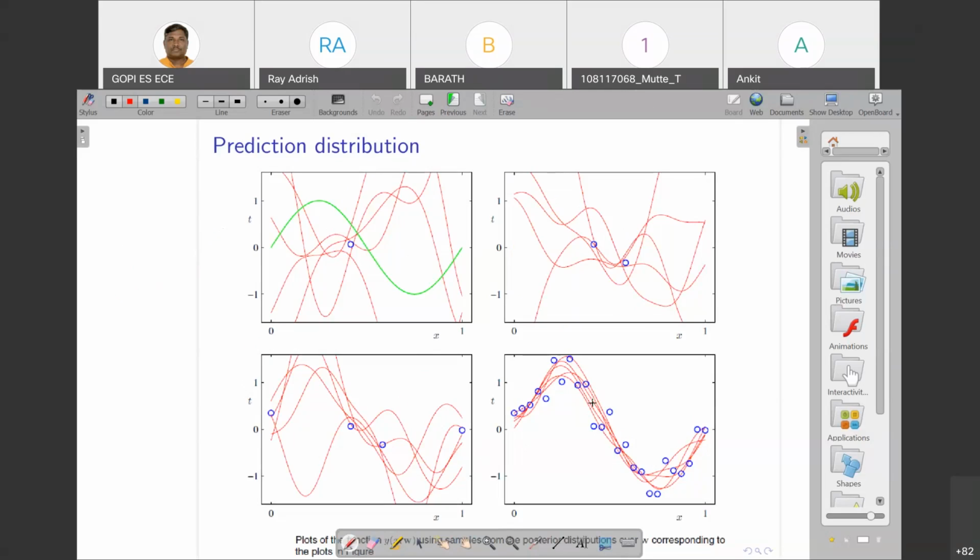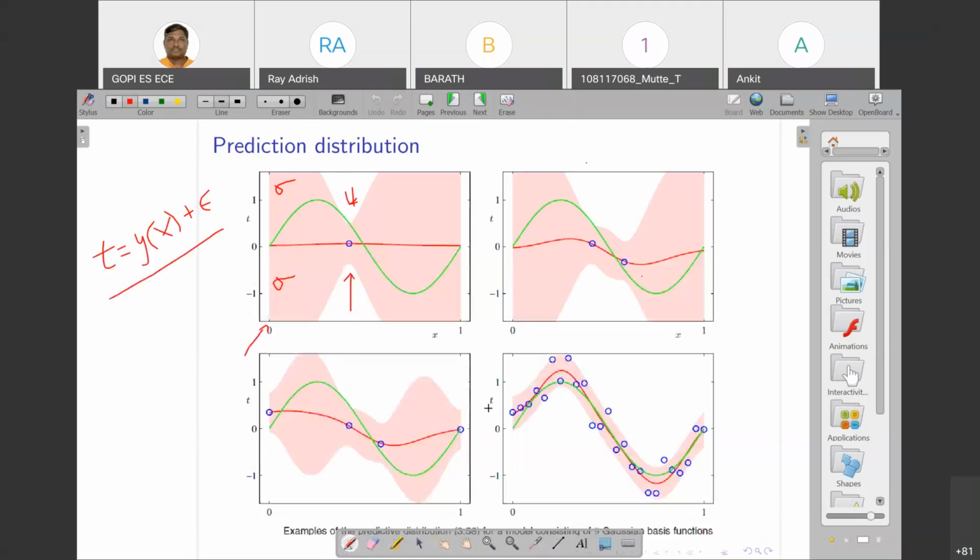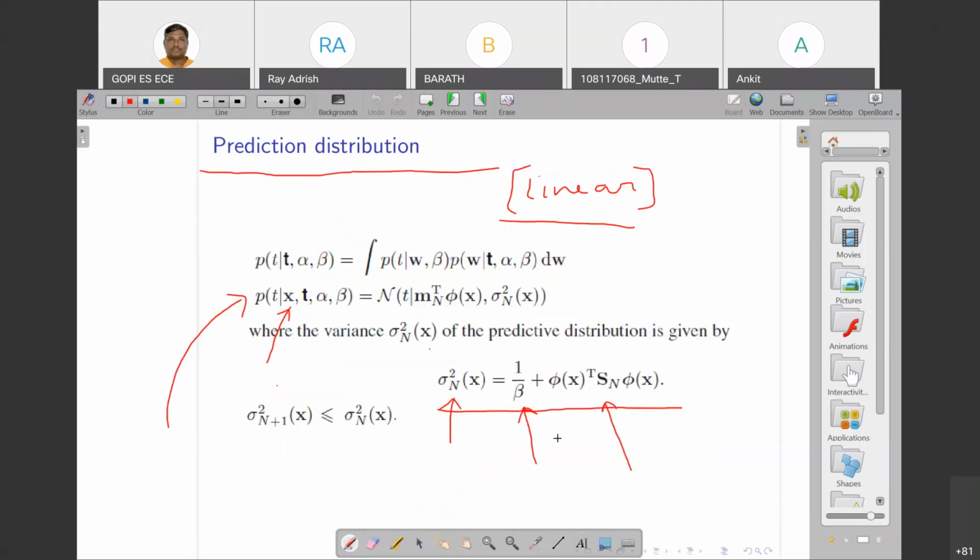If the number of training data keeps on increasing, the possible plots for this regression model are these, so all the curves in the last subplot almost follow the sine wave, as you see here. With more data, the error is due to only noise. That is what I wanted to show you with this particular slide.